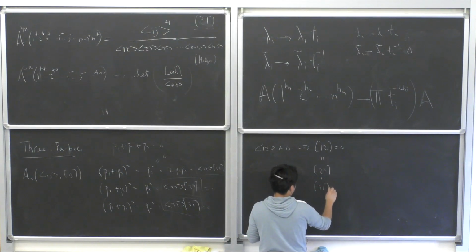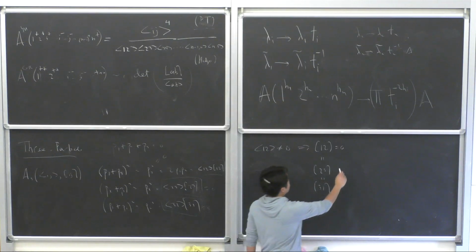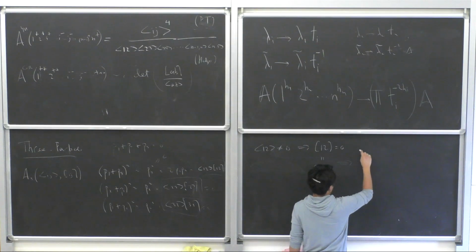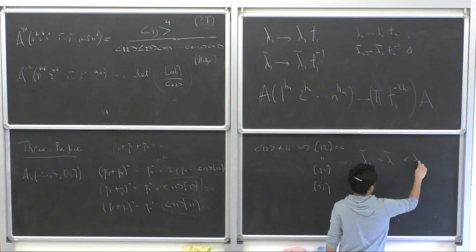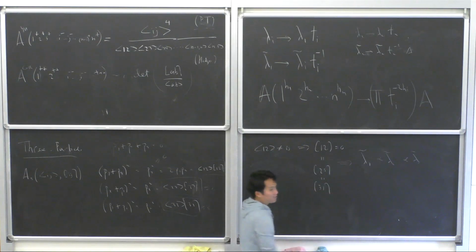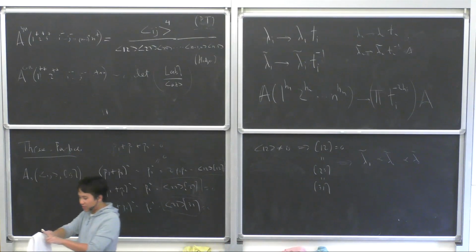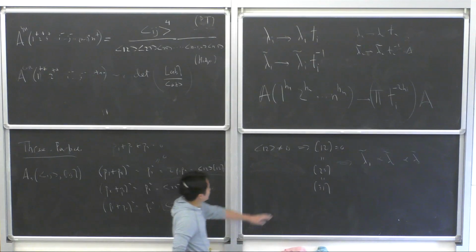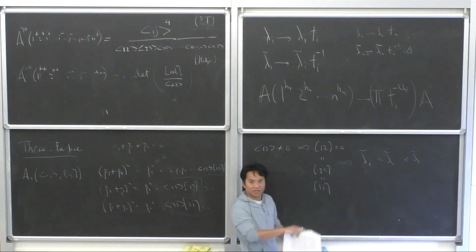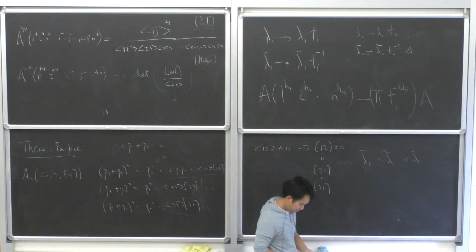They're all 0. Which simply means that lambda 1 tilde is proportional to lambda 2 tilde, which is proportional to lambda 3 tilde. When a bracket vanishes, it just means that two spinors are parallel, because it's an antisymmetric product. So when this is 0, it just means 1 and 2 are pointing in the same direction, which is why it's vanishing.